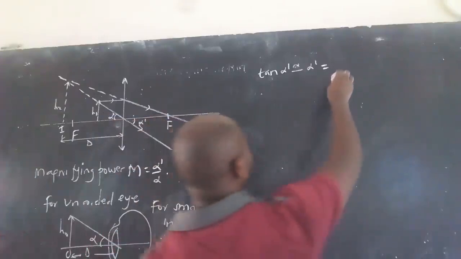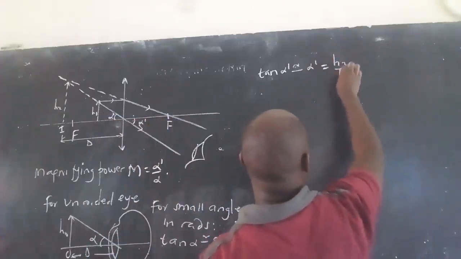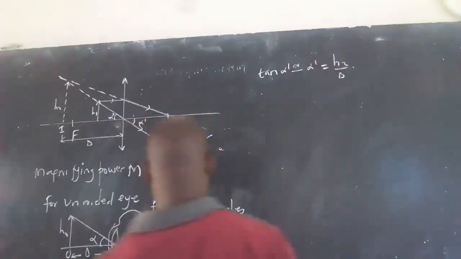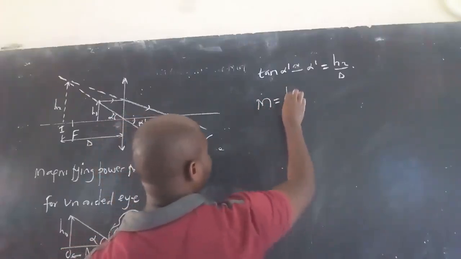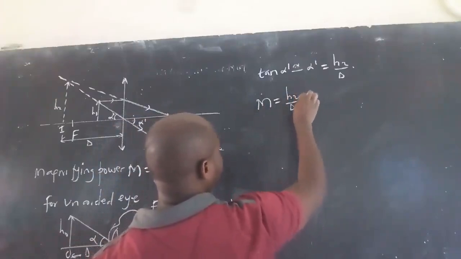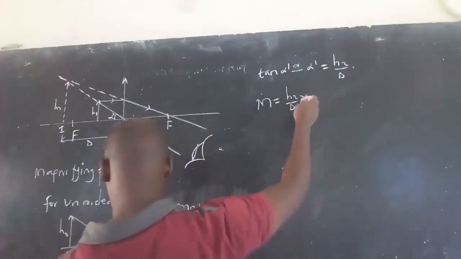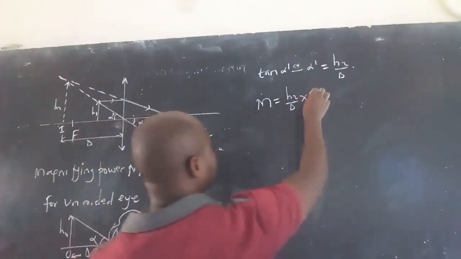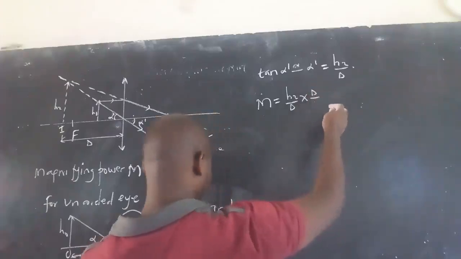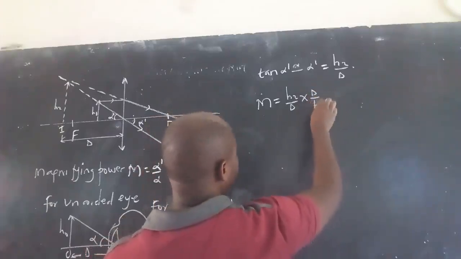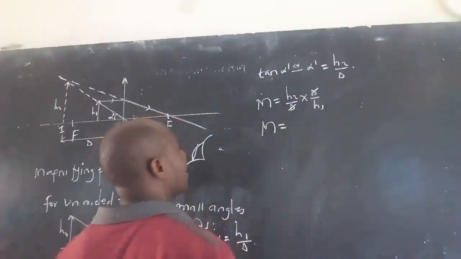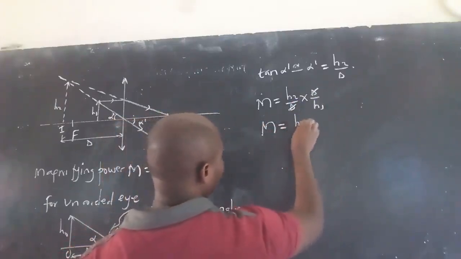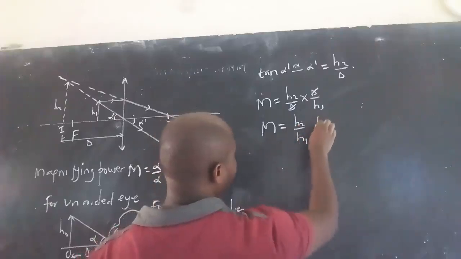Distance is D. So that is H2 over D. Then we shall now say that magnifying power is equal to H2 over D times D over H1. So D will cancel. So magnifying power will now become H2 over H1.